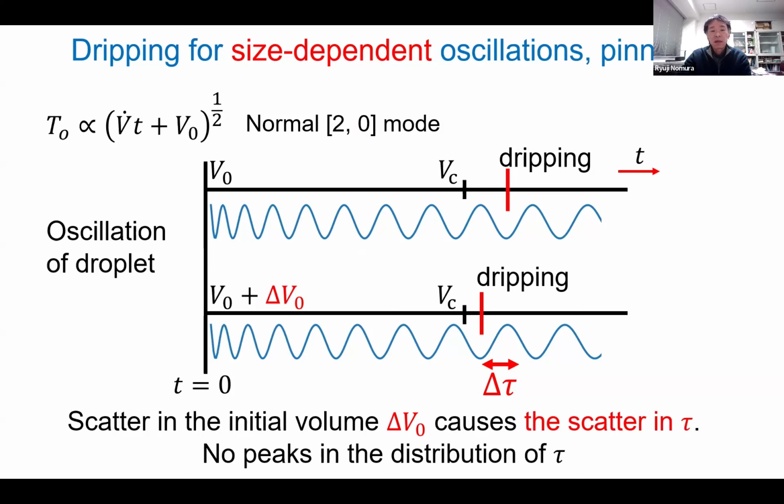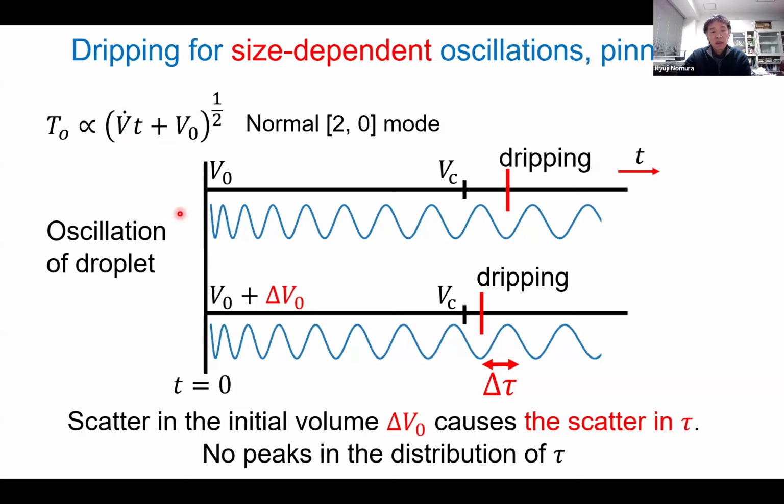For the pinned case, we have a size-dependent oscillation, and I called it a normal 2-0 mode. Then the oscillation period TO is a function of the volume of the droplet, for example, like this. V0 is the initial volume just after the pinch off, and V dot is the flow rate into the droplet.